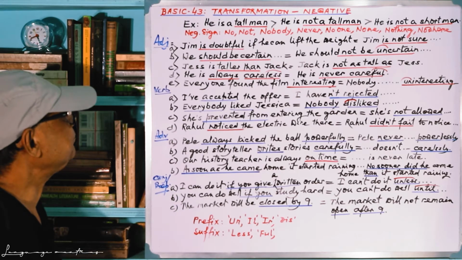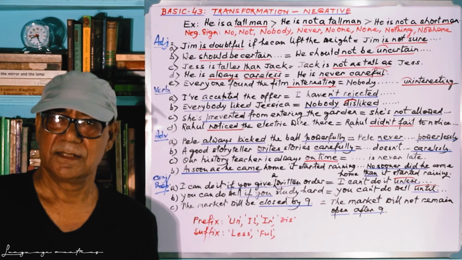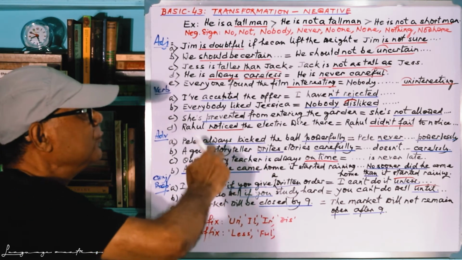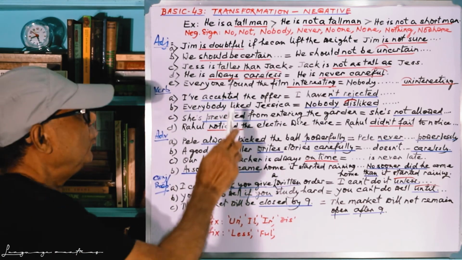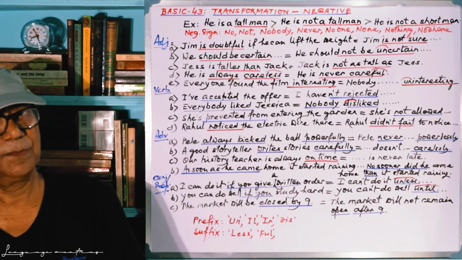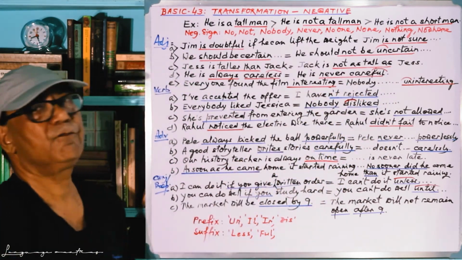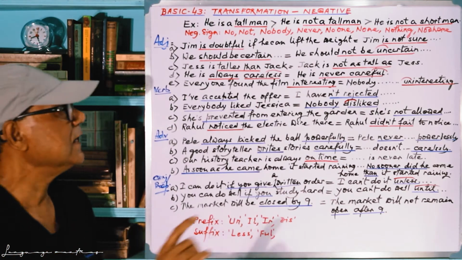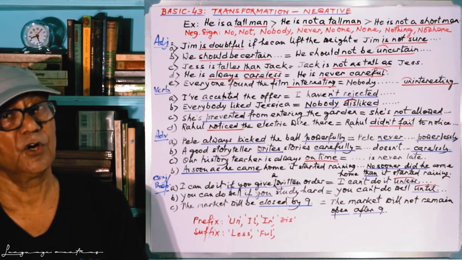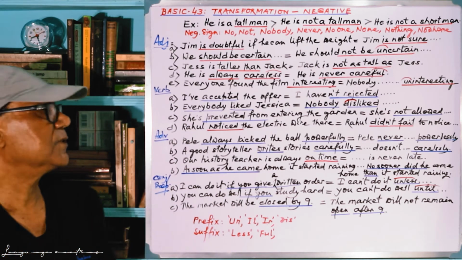Come to number 4. He is always careless. Okay, fine. He is never careful. Here you see, I'm doing the opposite word. So when I say careless, it is in the affirmative sentence. So this careful becomes a negative word in terms of this word careless, because careless is given in the affirmative sentence.